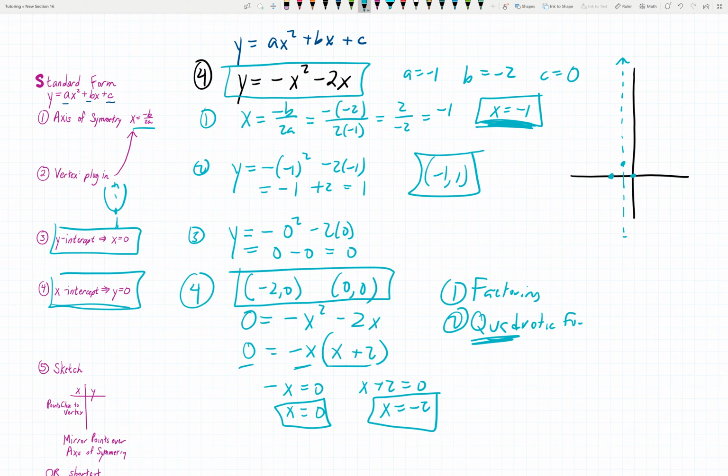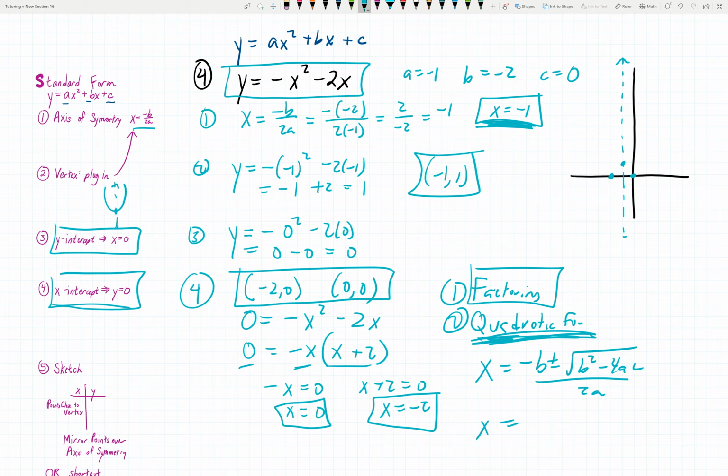If you didn't like that factoring and you prefer to do quadratic formula, I do not recommend it. Factoring was very fast and useful, but if you want to do quadratic formula, I'll show that it works. So you can do your -b, so +2, plus or minus the square root of b squared.